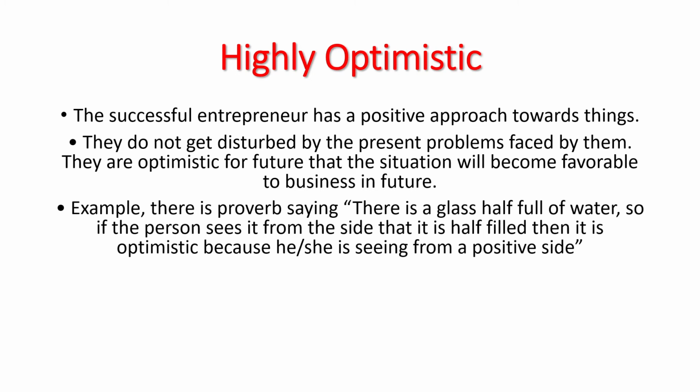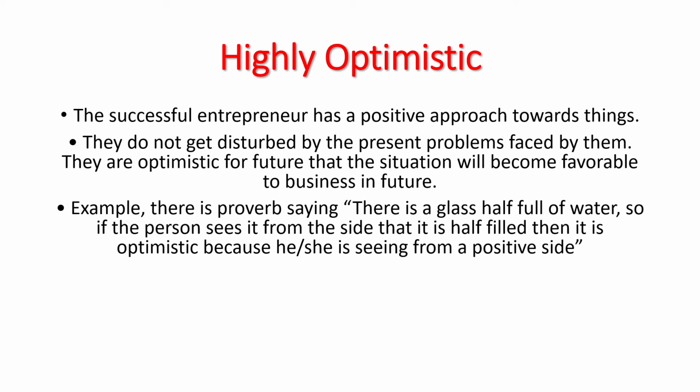Let us take one example. Suppose we have a glass that is half full of water, and some people will be like, oh, only half a glass of water is there, why is it not full? They are seeing the negative. They are not saying that half a glass is full, they are able to quench their thirst, but they are saying, oh, only half a glass is there.